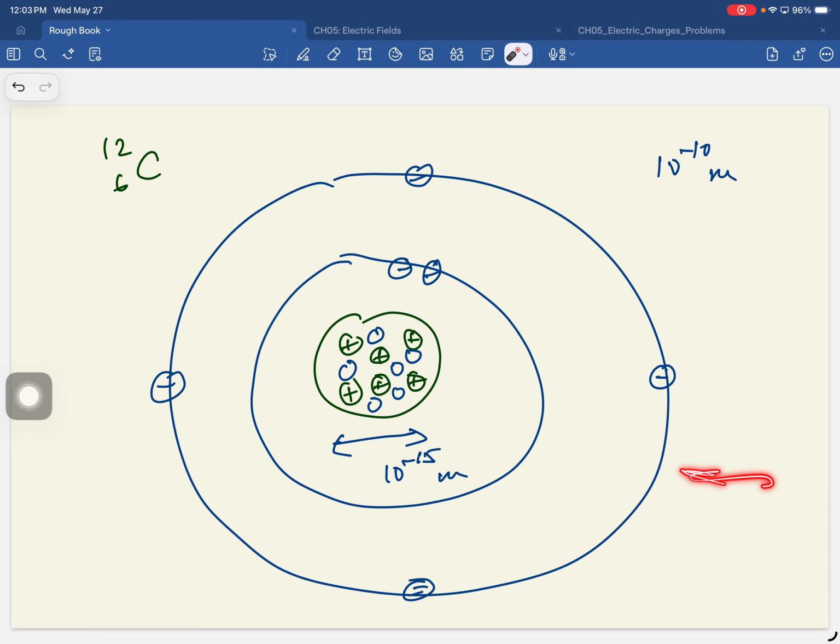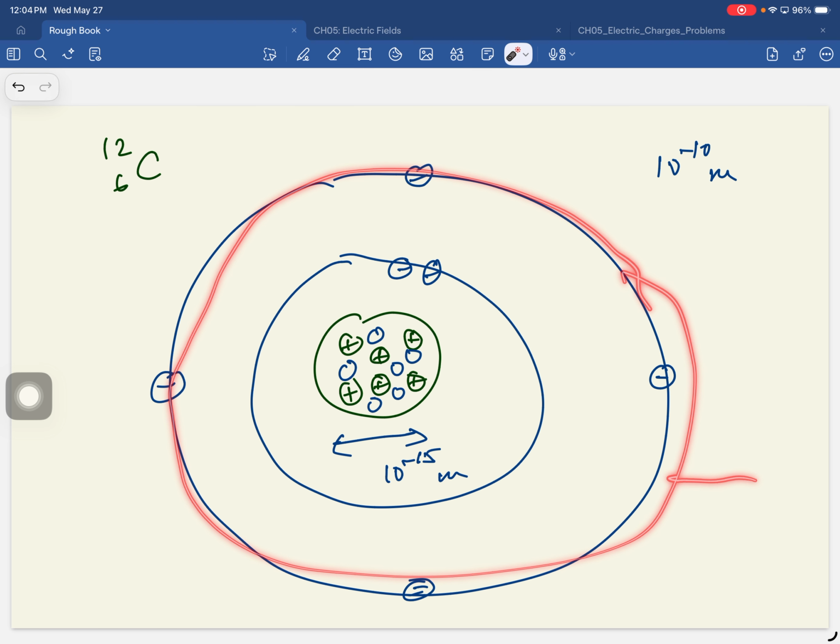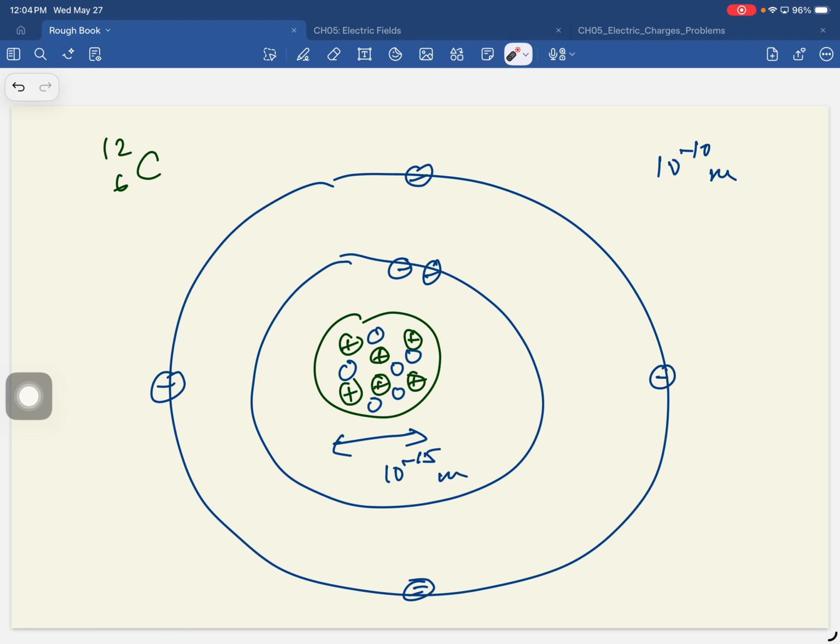Now, here's a good picture to remember. If this were the size of a football stadium, the nucleus would be the size of a marble in the middle. So an atom is mostly empty space. So you're all mostly empty space.